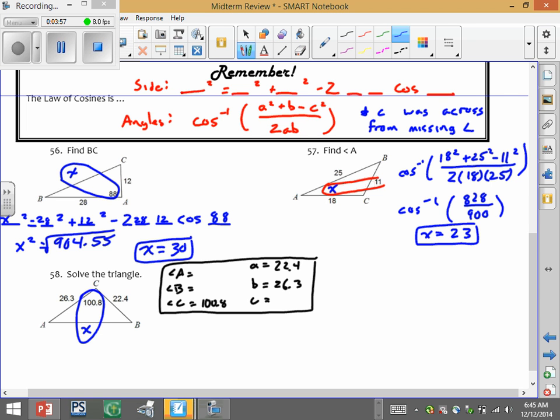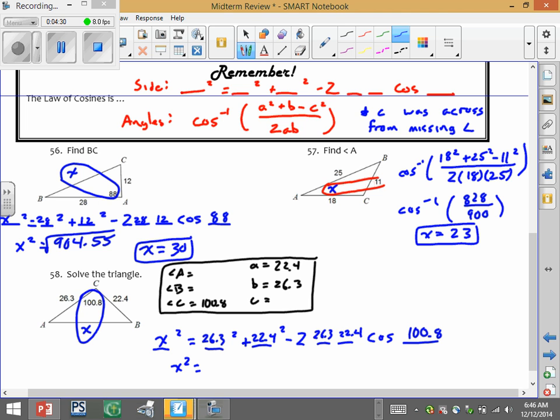We can find a side using law of cosines. In other words, blank squared equals blank squared plus blank squared minus 2 blank blank cosine of blank, and the angle is 100.8. X is across from it, and then we do 26.3 and 22.4.